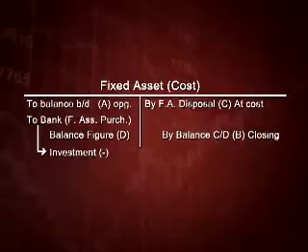Now if some fixed asset is sold, we will write on the credit side by fixed asset disposal account. Please remember, it should be at cost. Fixed asset disposal at cost, C part, and then you can arrive at D part on the debit side, that is if any asset has been purchased by bank as a balancing figure. Now this purchase of asset will go in investing activity and it will be deducted from there.